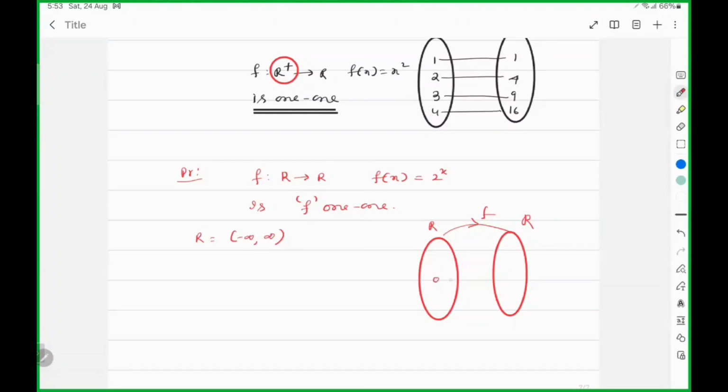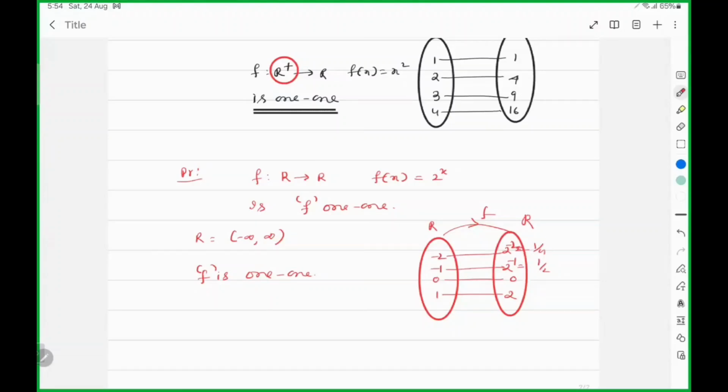If you take 0, minus 1, 2 power minus 1, 1, 2 power 1, minus 2, 2 power minus 2 which is 1 by 4. It is very clearly understood that the function is one-one. This is one way: by taking a few negative elements, zero, and positive ones, we check that different elements have different images and come to a conclusion.